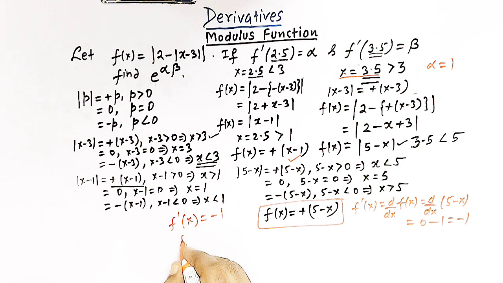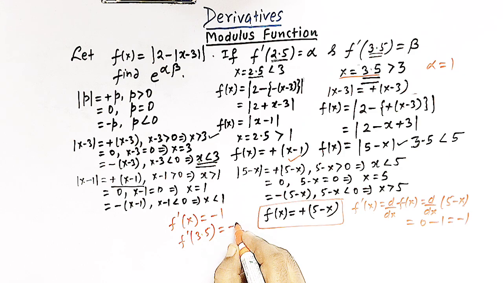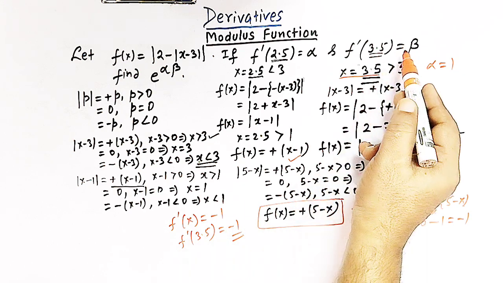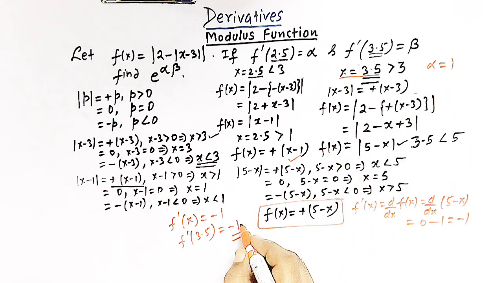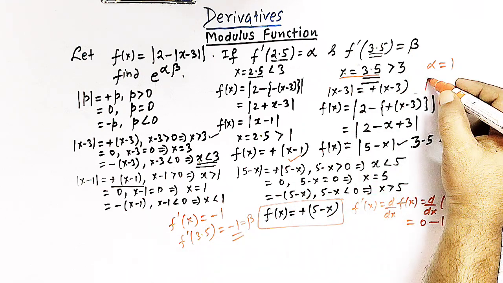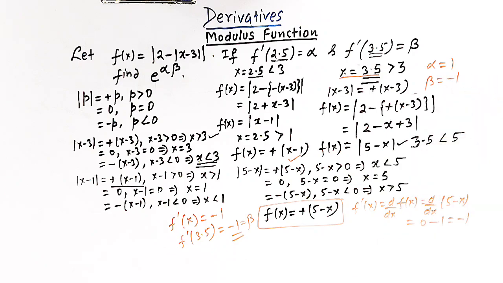So here we have f prime of 3.5 is equal to minus 1, and f prime of 3.5 is given as beta. So the value of beta is equal to minus 1.